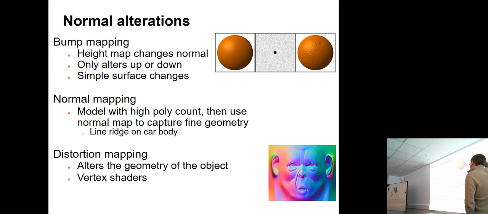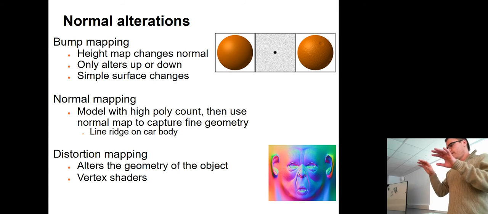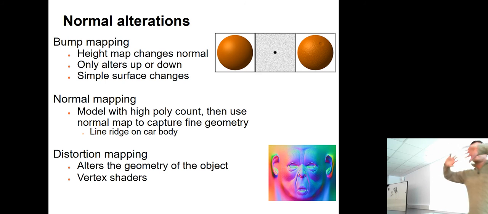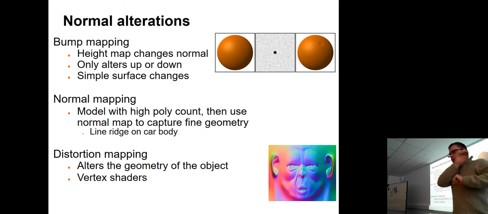Here I like the example of this line ridge on the car body. If you have an otherwise rugged representation of this ridge on the car, you can smoothen it out by using a normal mapping texture on that particular coordinate.